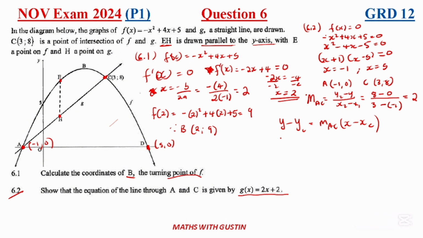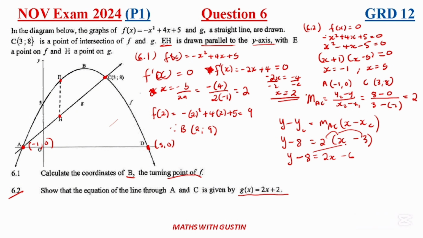So y at C is 8, and our gradient there is 2, times x minus x at C, which is 3. Therefore, you can come here and take y to that side: y minus 8 is equal to, removing the bracket here, 2x minus 6.